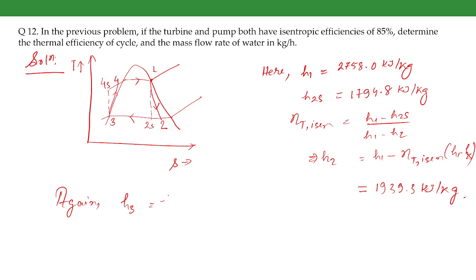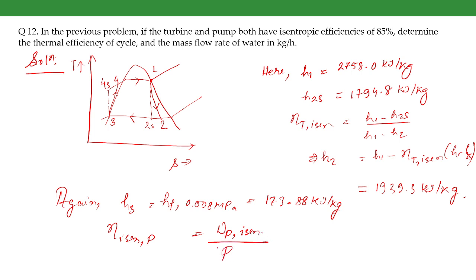Again, H3 is equal to Hf at 0.008 MPa, which equals 173.88 kilojoule per kg. Now the isentropic efficiency for the pump is the isentropic pump work by the actual pump work. So the actual pump work is equal to the isentropic pump work divided by the isentropic efficiency of the pump.